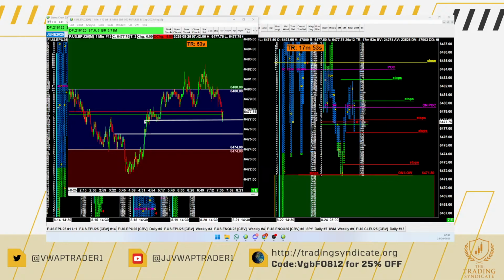A little rotation here. Pretty slow, huh? Pretty slow.